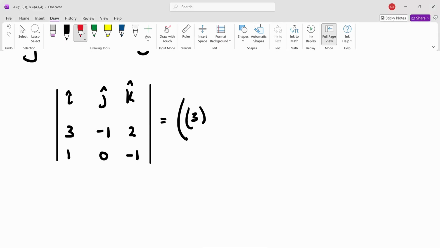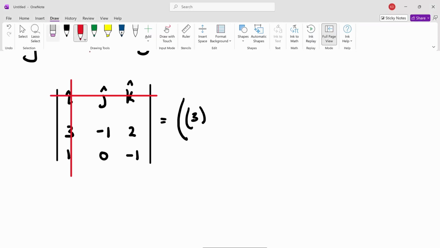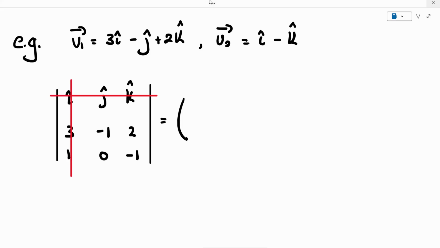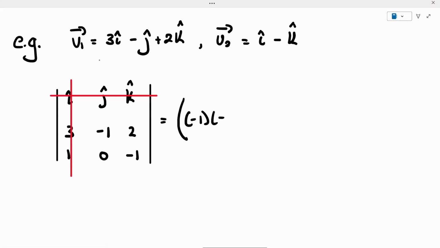Okay, so if you want the cross product, we'll block the first row and the first column. And we take minus 1 times minus 1 minus 2 times 0, i.